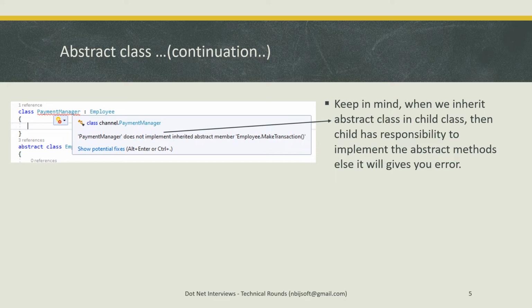Like in our current example, we have an abstract class employee, and a child class payment manager, and we inherit employee in payment manager. But right now we are not implementing any method. At that time it instantly shows that payment manager does not implement inherited abstract member make transactions. That is the thumb rule.